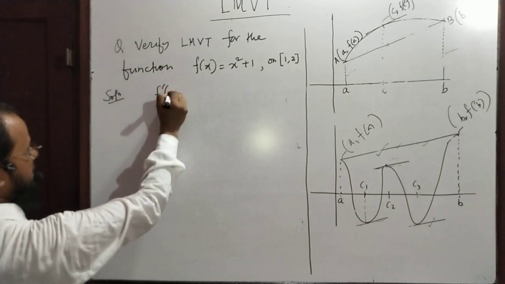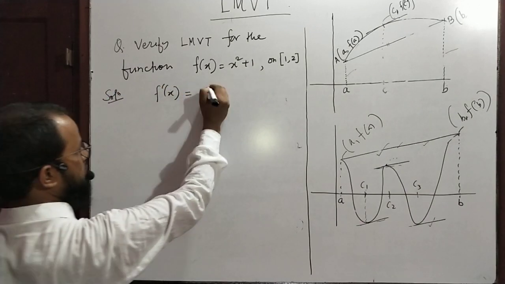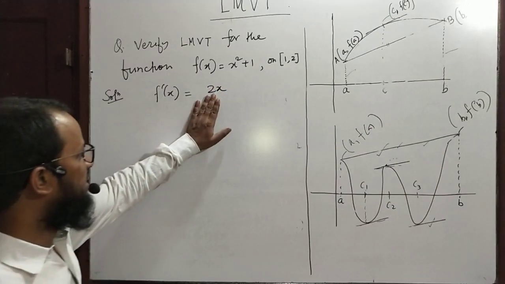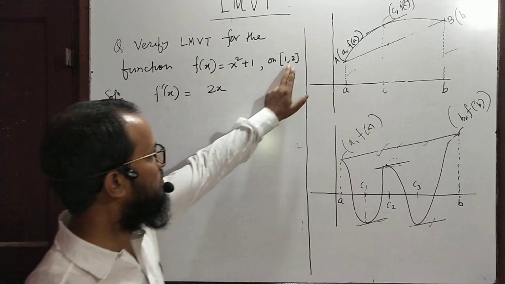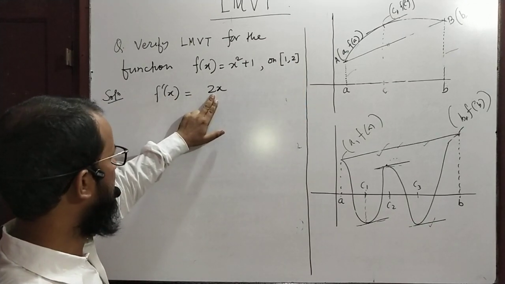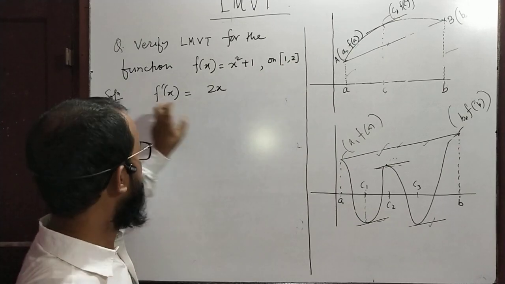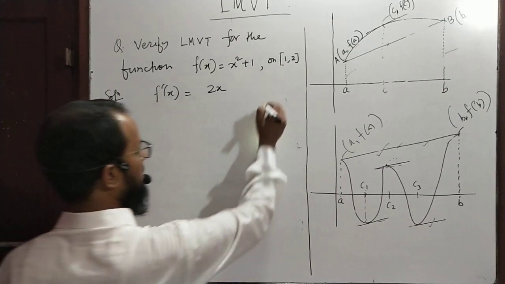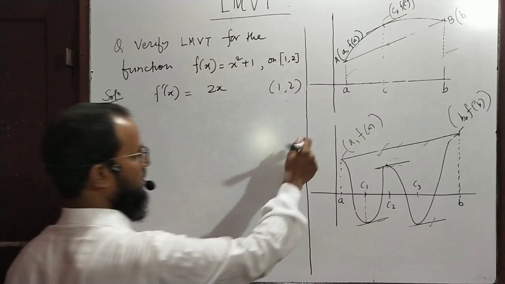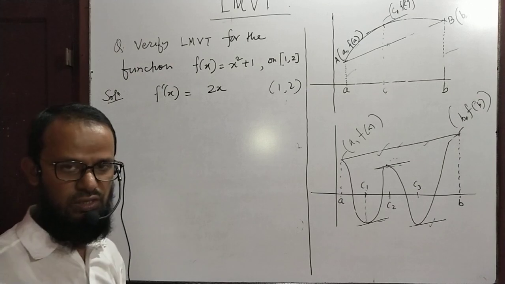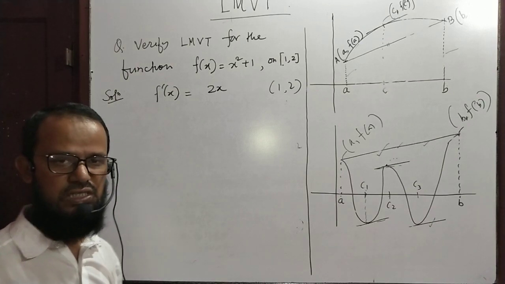First you find f dash x. It is required. f'(x) is equal to 2x, and this f'(x) exists for every value in the open interval (1, 2). You see f'(1) equals 2. For every point there will be a unique value of f'(x) between this interval 1, 2. Whatever the points are, for every point f'(x) takes a unique value, and therefore we can say that f'(x) exists.